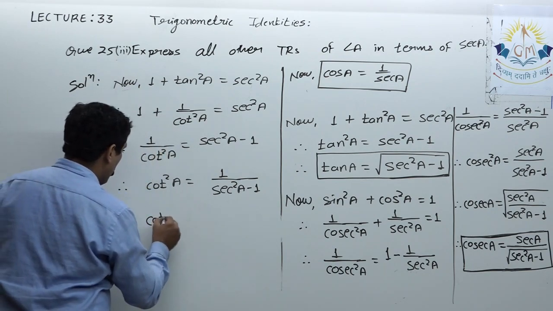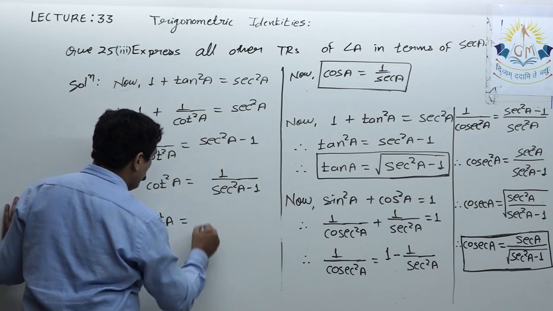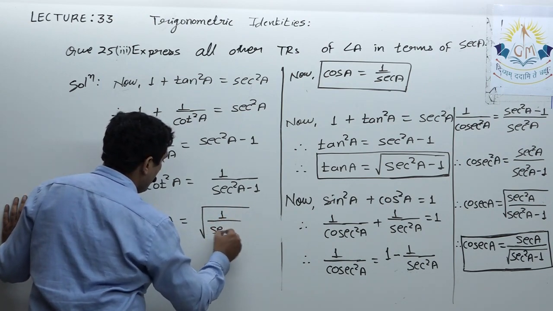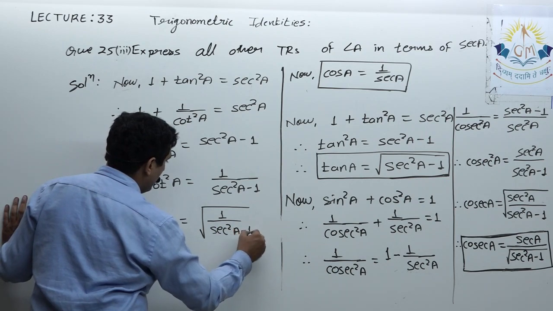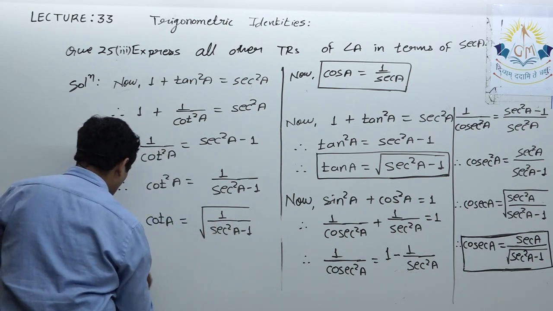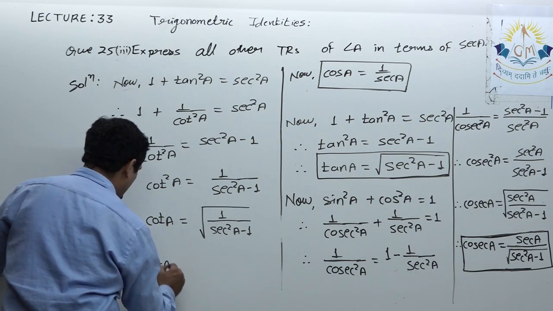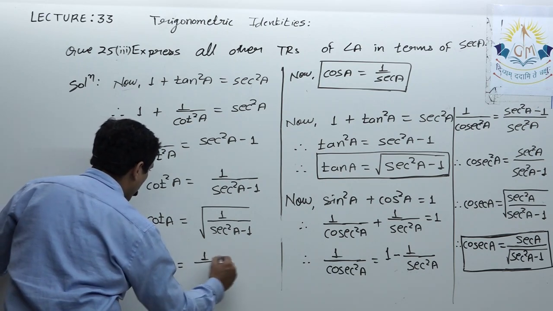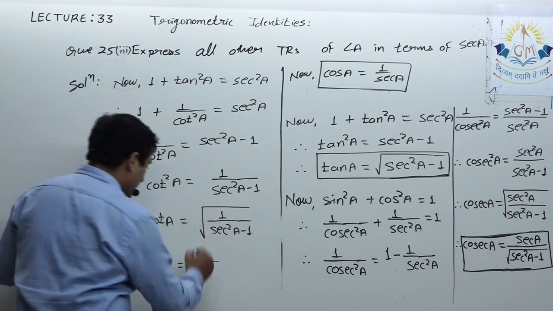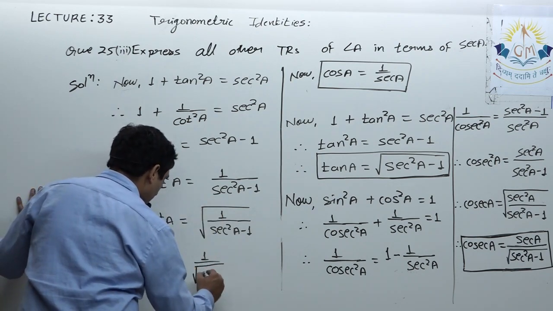So I can say cot A is equal to root over 1 upon sec square A minus 1. So ultimately I get cot A is equal to 1 upon, see, root of numerator, so root of 1 will be 1 and the denominator's root will remain as it is.